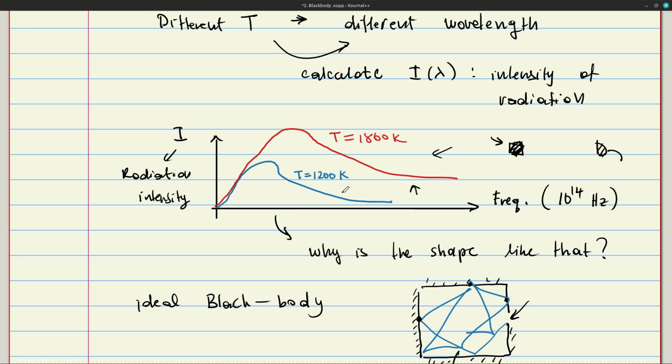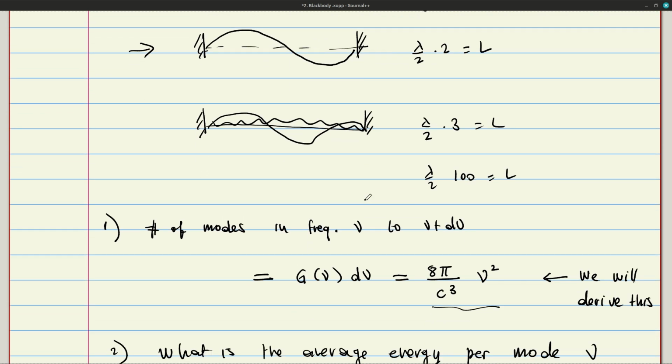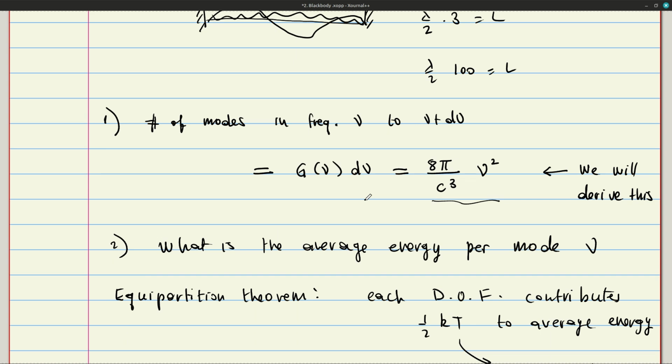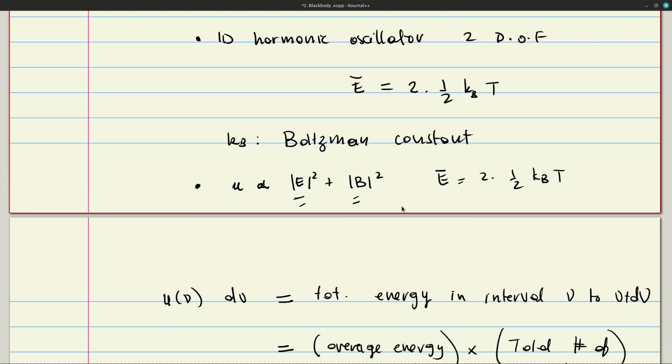Any frequency is allowed, but the point is not all frequencies are equally probable. Your question, what does this G function do, is it's counting how many modes I have at the given frequency nu. And we'll derive this later. At the moment, I think it's not important where it comes from. You'll see it's a simple derivation.